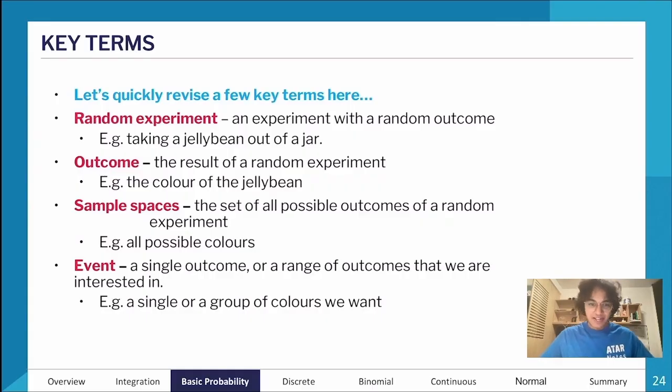An event is a single outcome. For example, if I pull out a green sock, that is an event. Also, let's say I'm interested in the probability of pulling out 5 green socks in a row. Pulling out those 5 green socks in a row is also an event.